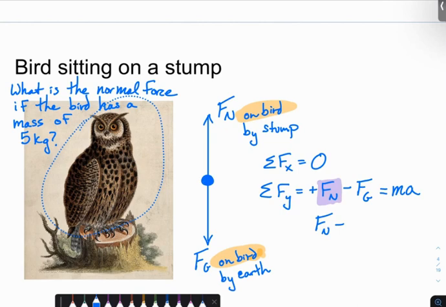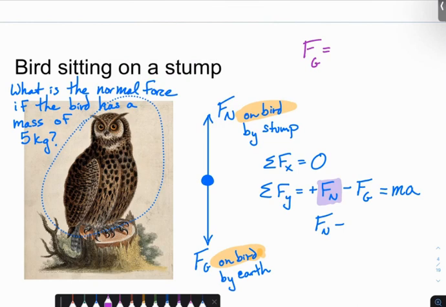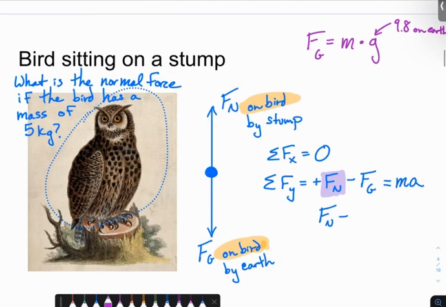Minus my gravitational force. Well, one thing to remember about gravitational force is that gravitational force is equal to your mass times the gravitational field strength. And on Earth, our gravitational field strength is 9.8. And this bird lives on Earth.